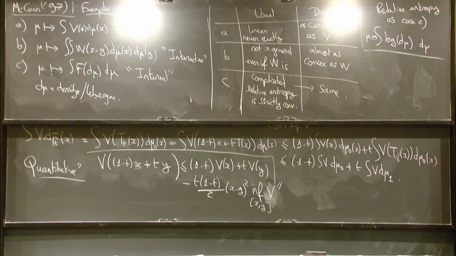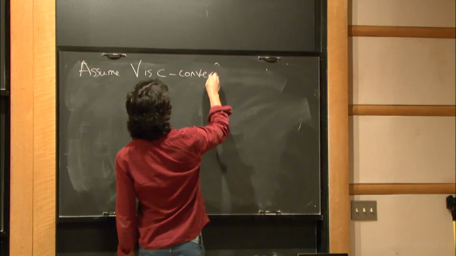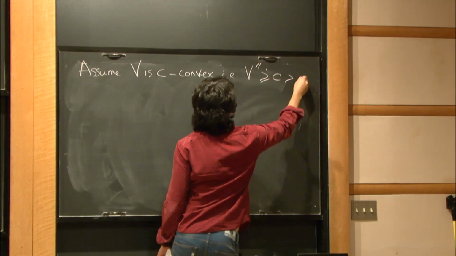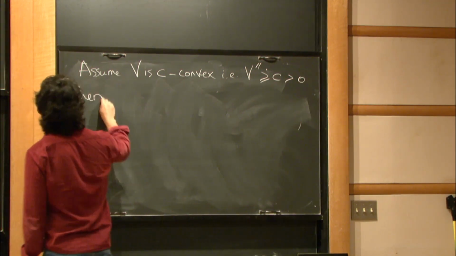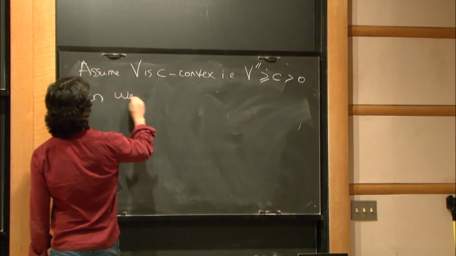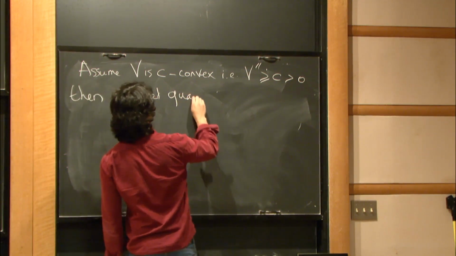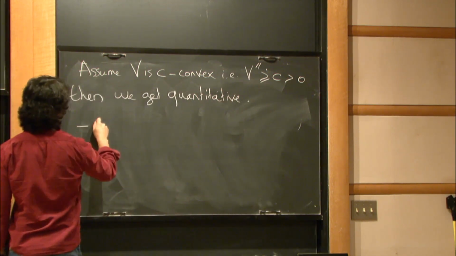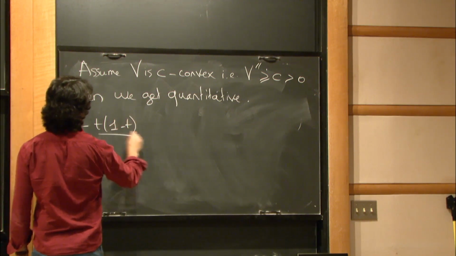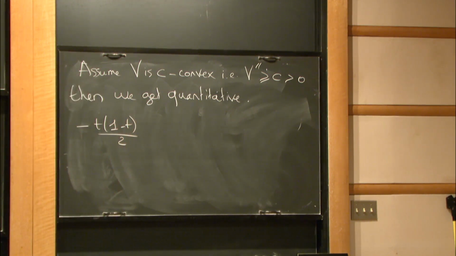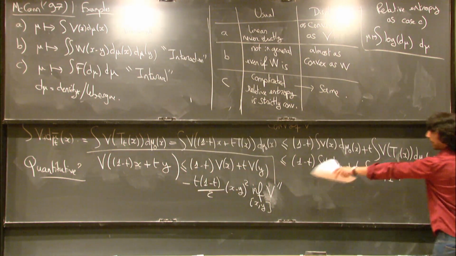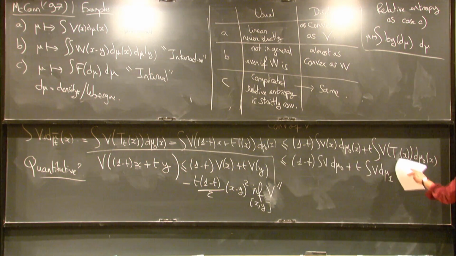If we assume, for example, that V is C-convex in the sense that its second derivative is bounded below by C, then we get a quantitative estimate, which is minus C t (1 minus t) over 2, given by integrating this with x being x and y being T of x.